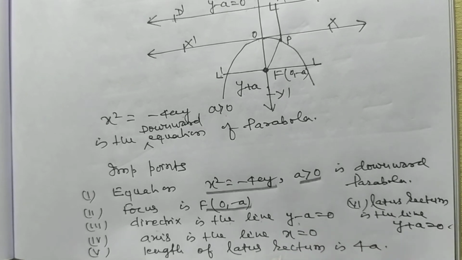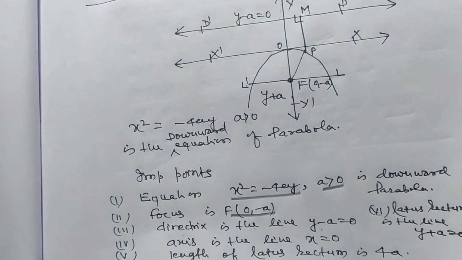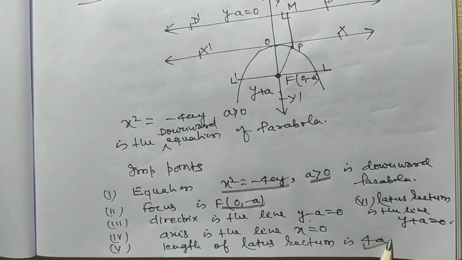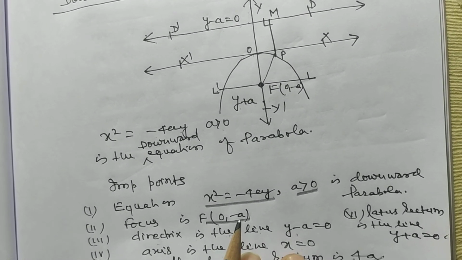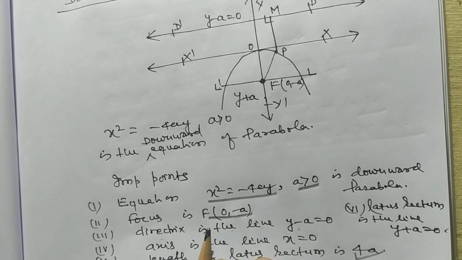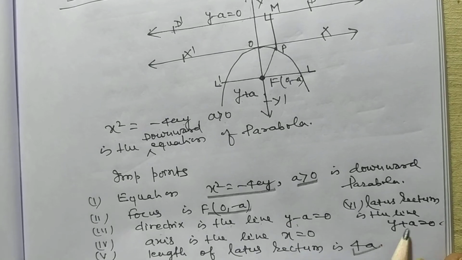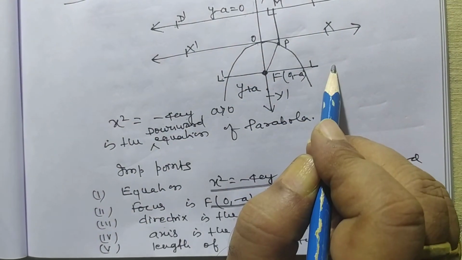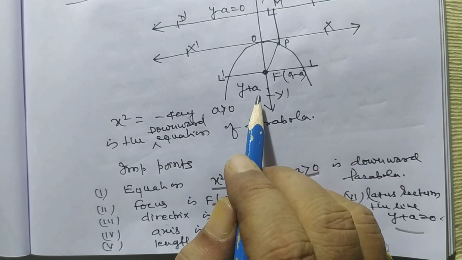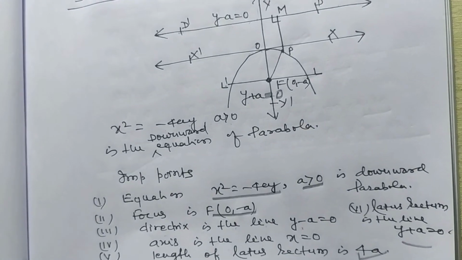Axis is the line x is equal to 0. The length of the latus rectum is 4a. There is no change in the latus rectum, whether it is a right hand, left hand, downward or upward parabola. The latus rectum is the line y is equal to minus a, that is y plus a is equal to 0.